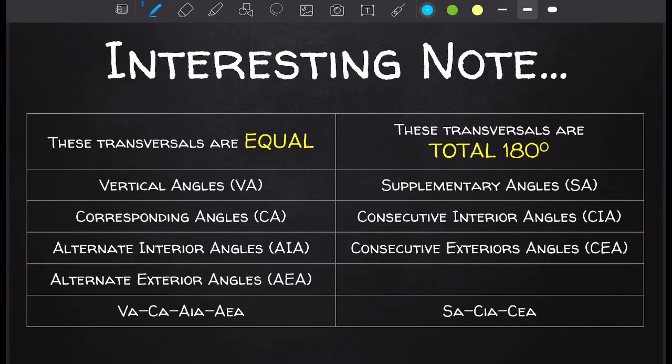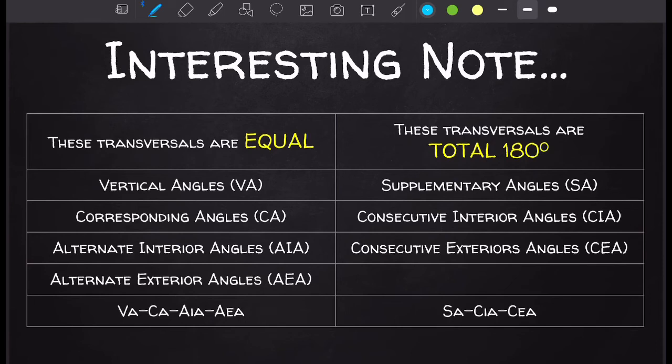Interesting note, these transversals are equal. I tell my students to memorize all the equal transversals, just remember VACAAIAEIA. It's like the Italians. VA, vertical angles. CA, corresponding angles. AIA, alternate interior angles. AEA, alternate exterior angles.